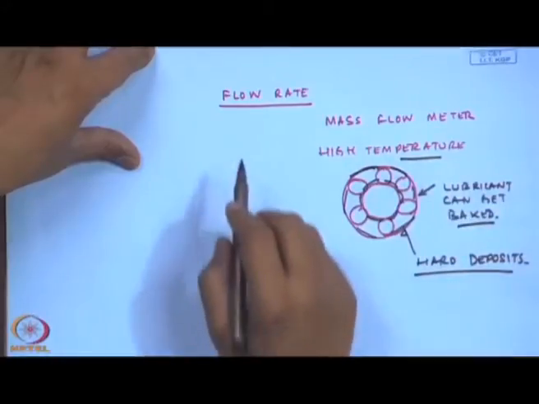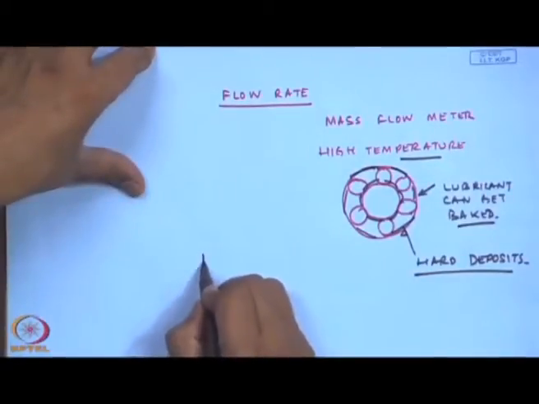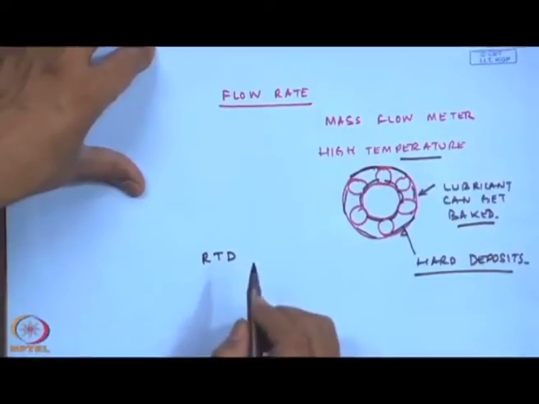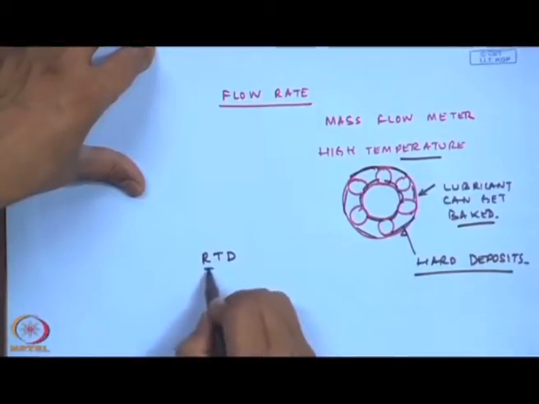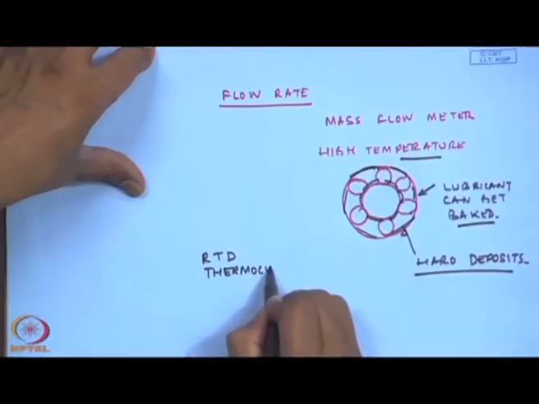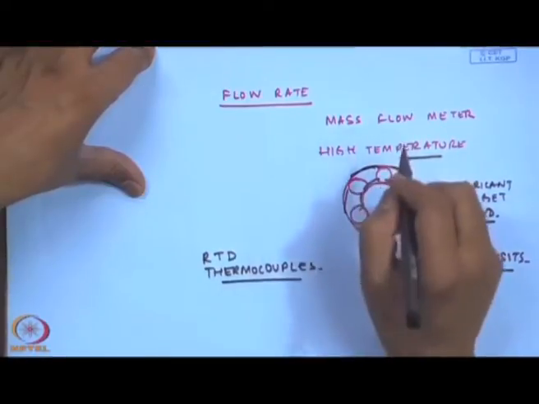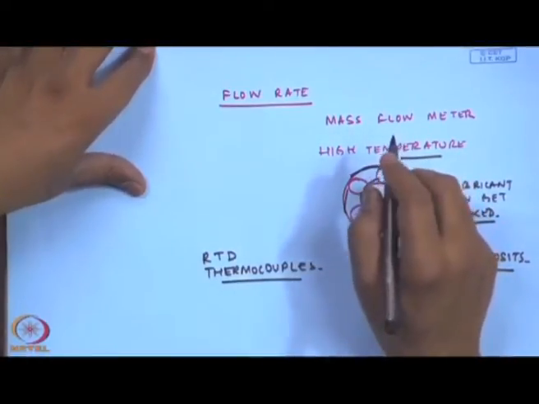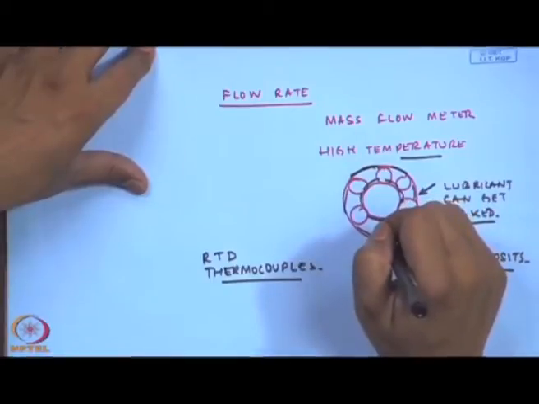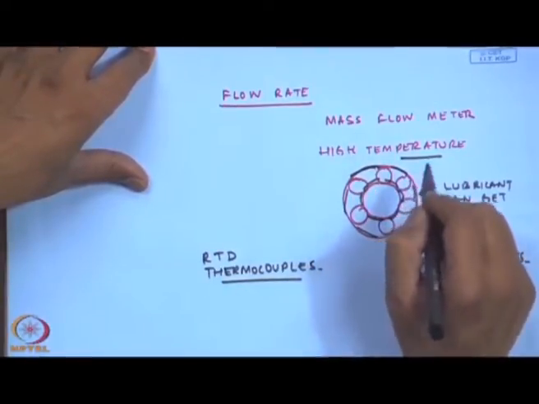So, we have to always monitor the temperature in compressors, and temperatures are monitored by RTDs, resistance temperature detectors, or even thermocouples permanently mounted. So, in the machinery maintenance unit, usually they monitor the temperature of these bearings of the compressors.